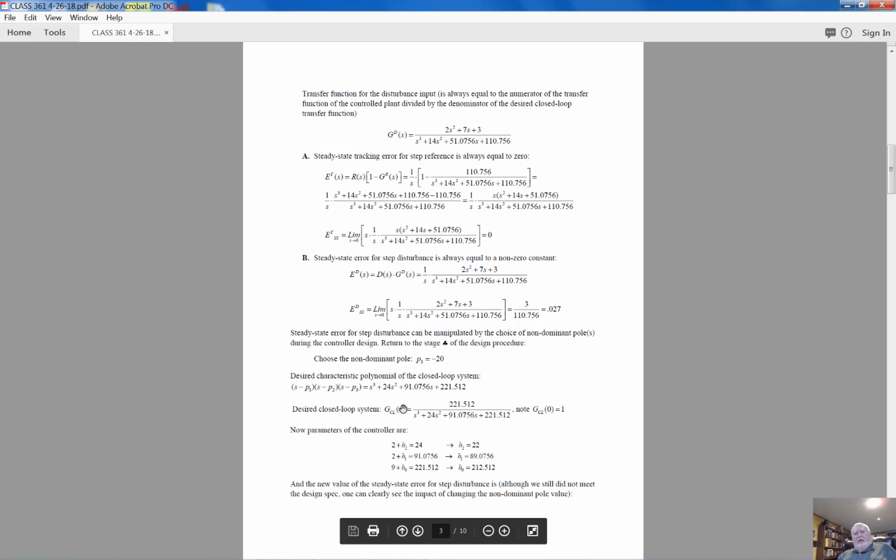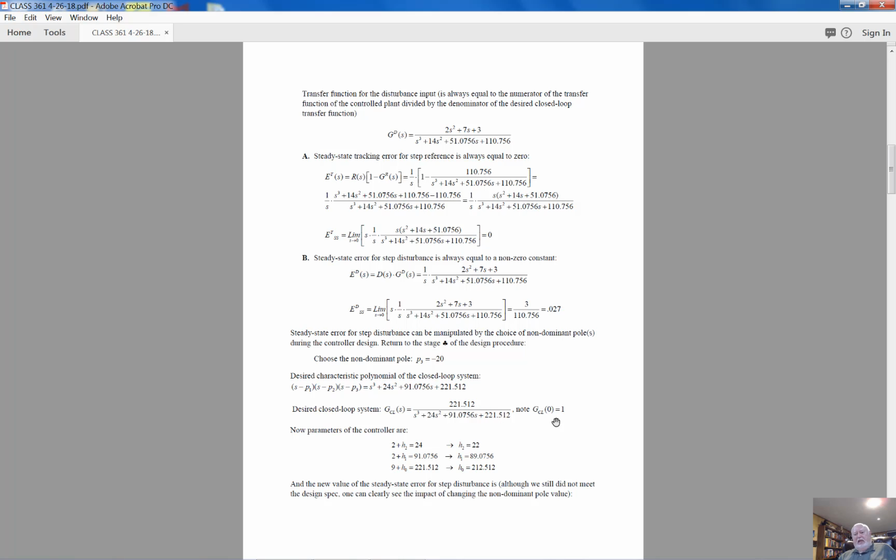First of all, I have to establish the new characteristic polynomial of the closed loop system. It is quite different from what I used to have. The next, I will establish the desired closed loop system transfer function. And again, if in this expression I will replace s by 0, I'm supposed to get 1. And it is exactly the case.